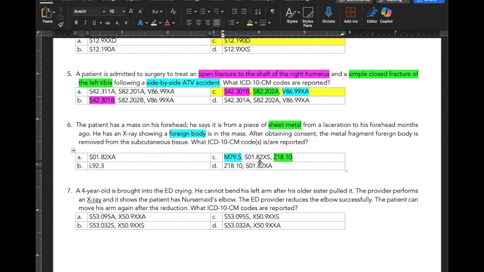And that gives us what code? Laceration, forehead with foreign body gives us the S01.82.